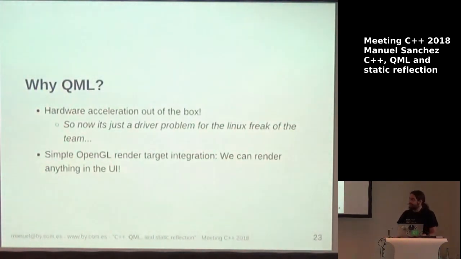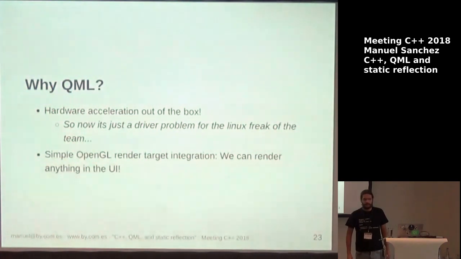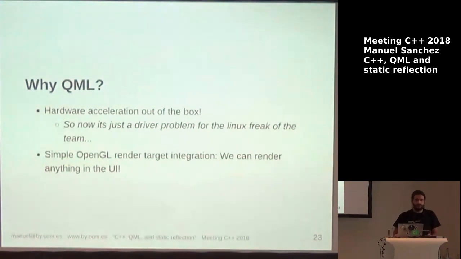Another reason was that the hardware acceleration of QML works if your stack has that hardware acceleration enabled. So you throw the problem to the Linux freak of the team and let them fix it, and it works.